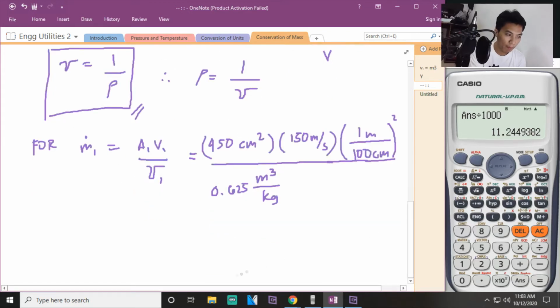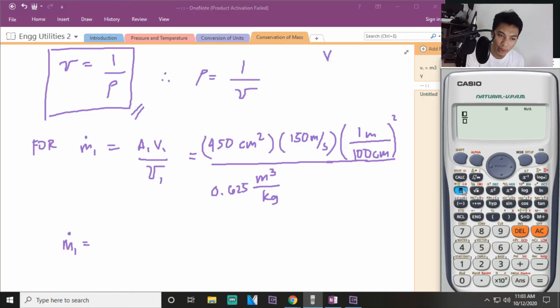Okay? So, M1 will be, calculate natin, 450 times 150 divided by 0.625 times 100 squared. So, 54 over 5, 10.8.